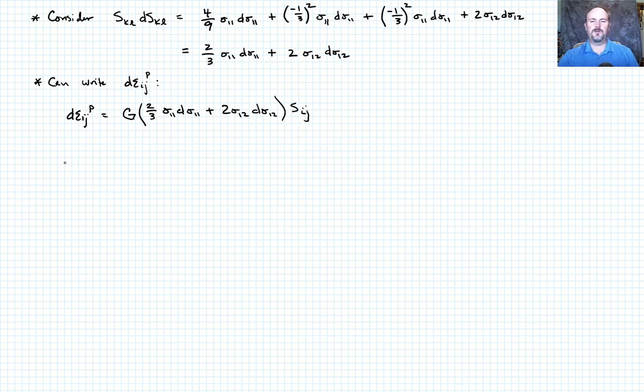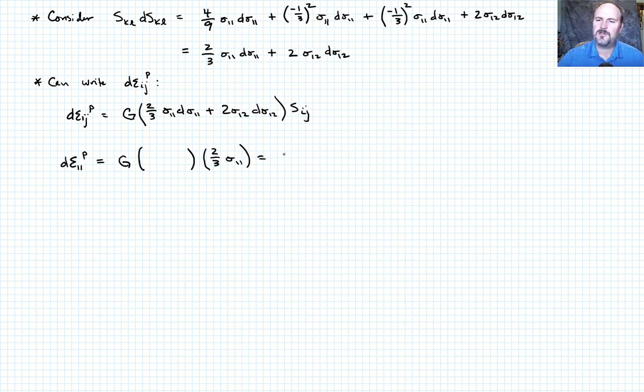Okay? So now let's explore. We care about two plastic strain quantities: the 1,1 plastic strain and the 1,2 plastic strain. We can say that d epsilon 11 plastic strain is going to equal G times this quantity that I just wrote down times S11, which, if you remember, was 2/3 sigma 11.